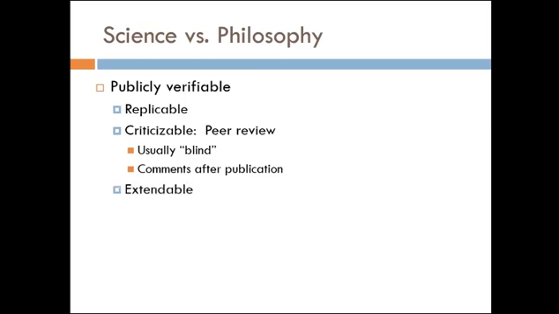And then the other thing about publicly verifiable data is that the results are extendable. You'll notice that final journal article that I showed you said an extension and replication study.